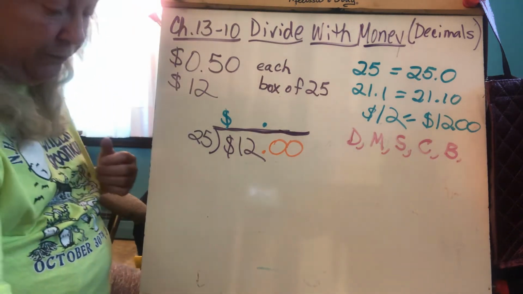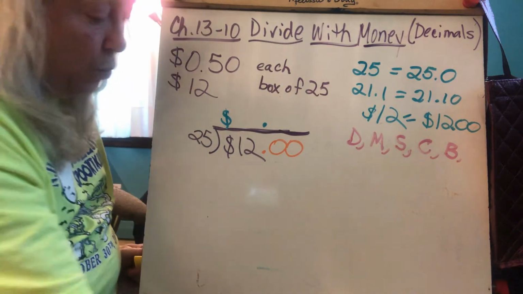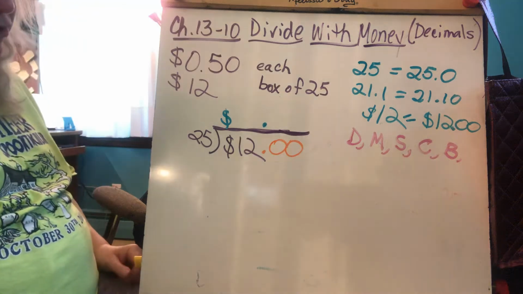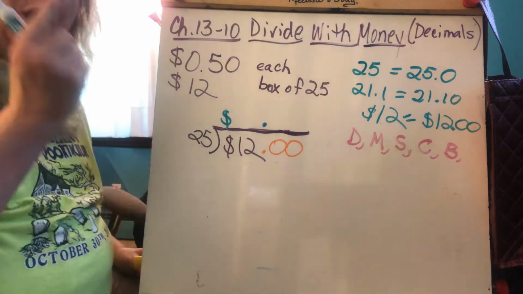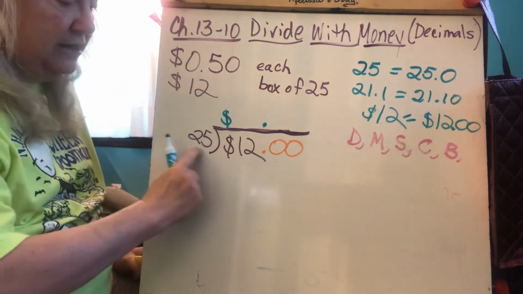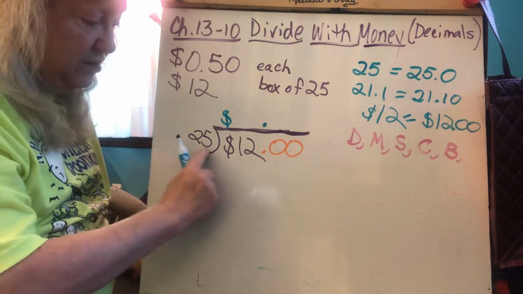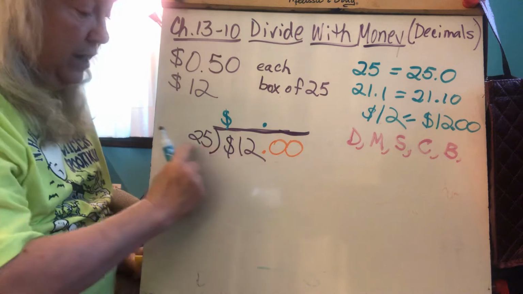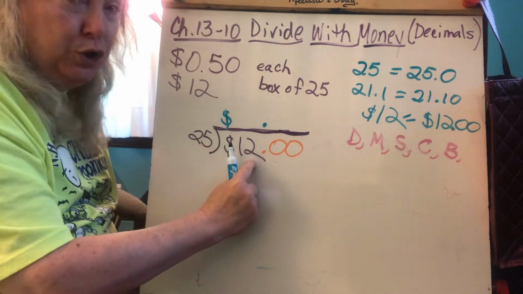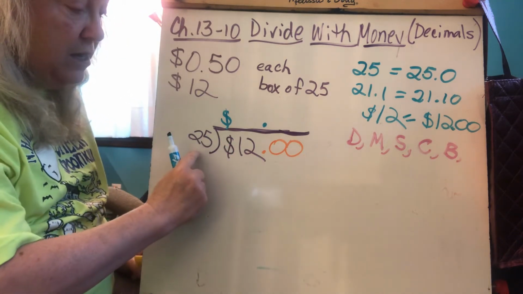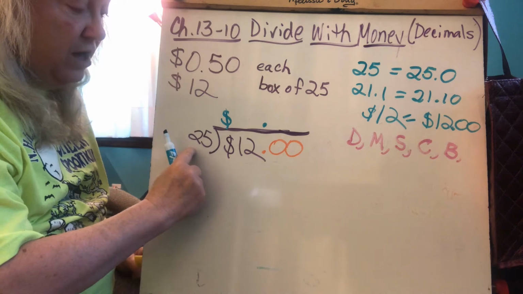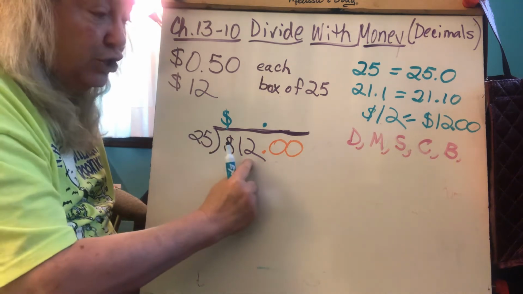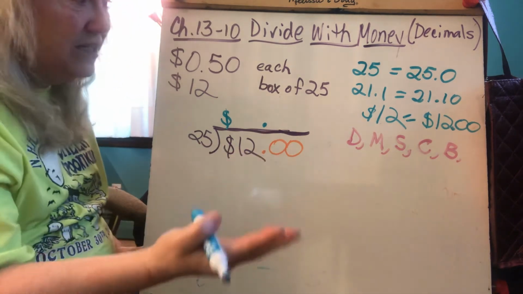All right, so let's first figure out where we're going to begin our answer. Well, we know that it at least has to be a 2-digit number because the divisor's 2 digits. So 25 won't go into 1 and 25 won't go into 2. So it has to be at least 2, but possibly 3. And in this case, it has to be 3.